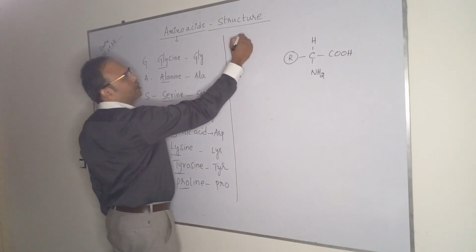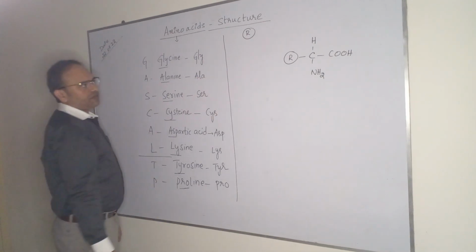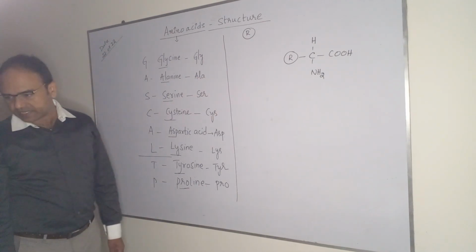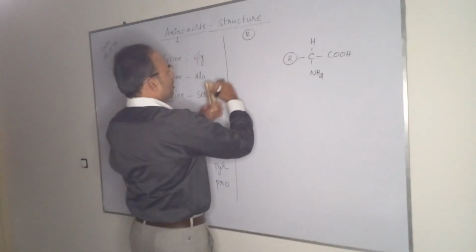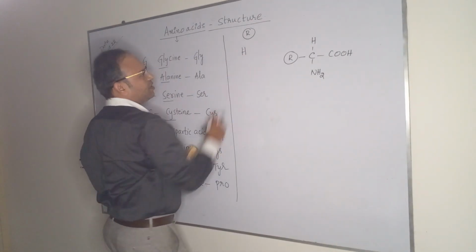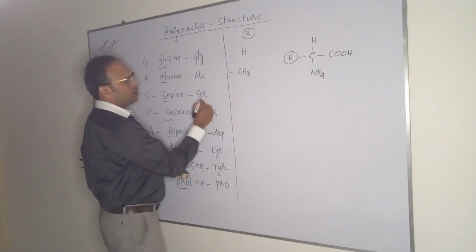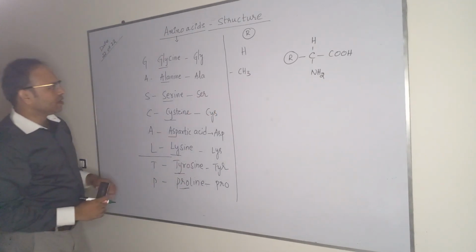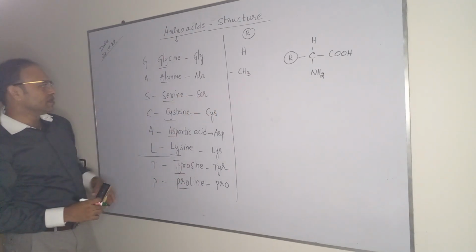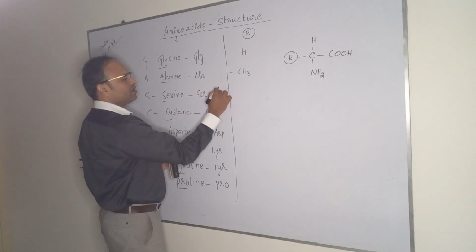Next, what is R in these amino acids? First and foremost, I'll write glycine, R is H, alanine, methyl group, serine. To remember this, let us note the functional group present in each. OH group is the functional group.